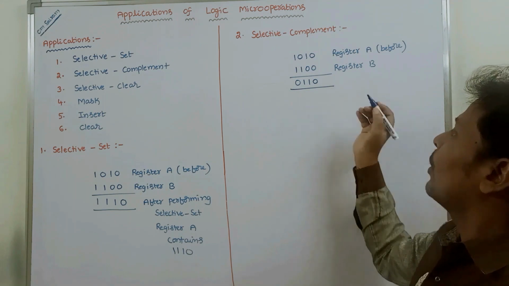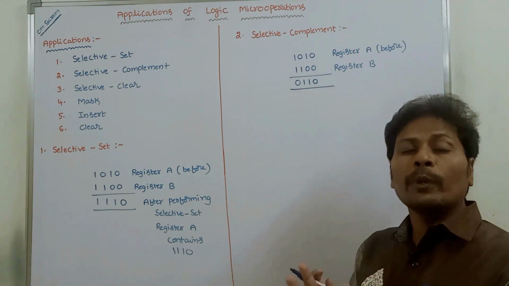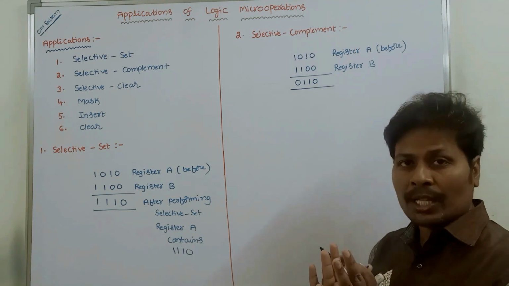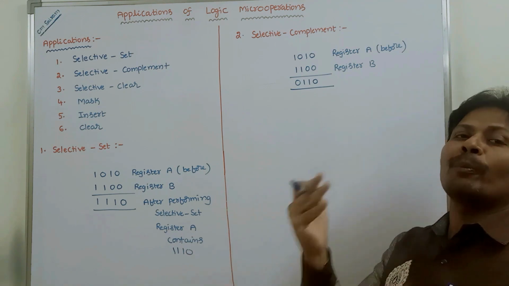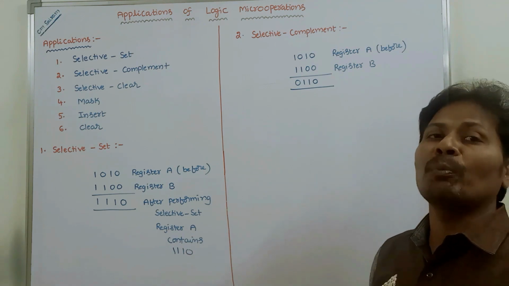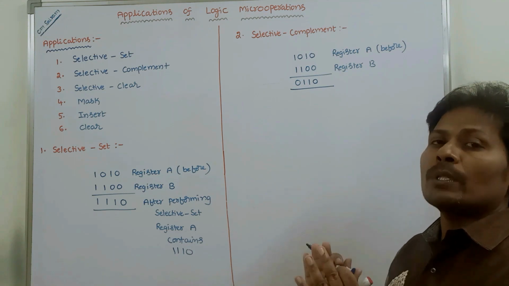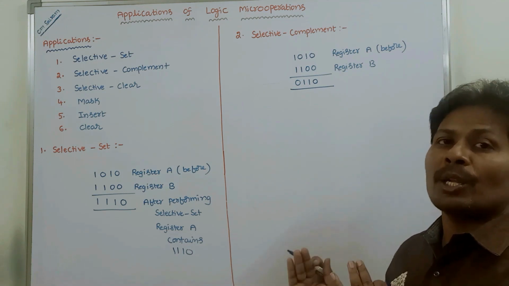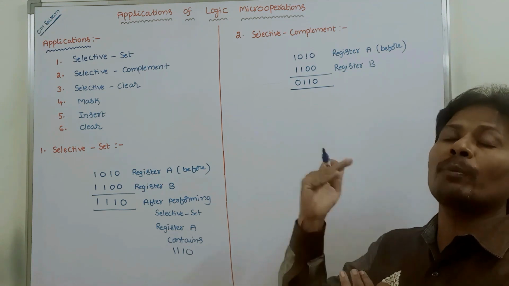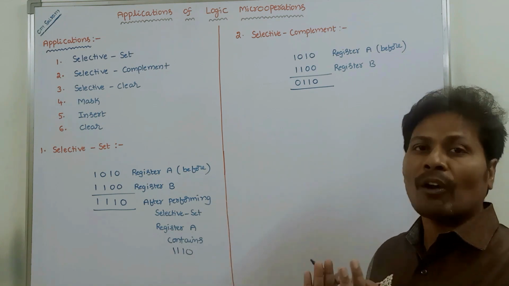Here we have to consider only bit 1 in register B; the corresponding bit in register A can be complemented. If bit 0 in register B is there, the corresponding bit in register A does not change.